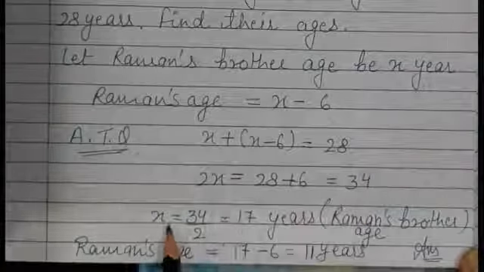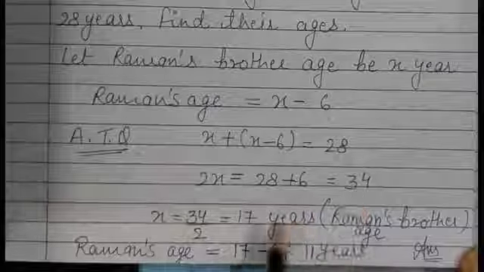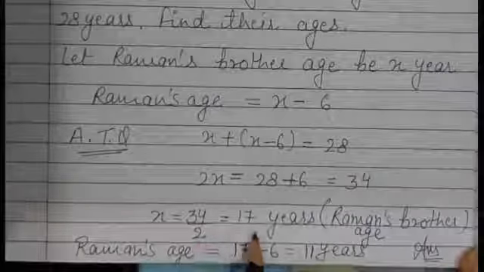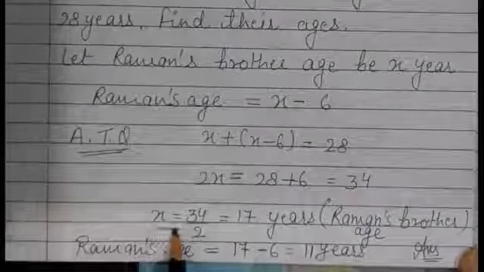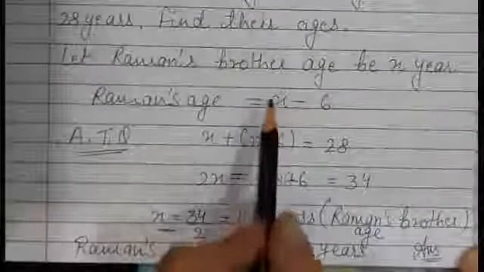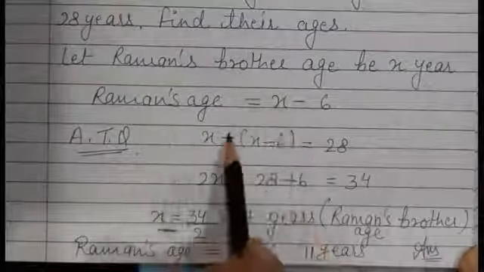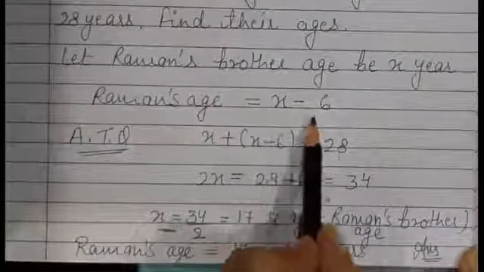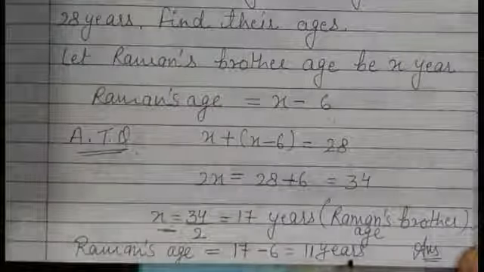Now x will be 34 divided by 2, right? So 34 by 2 will be 17 years. That means x, Raman's brother's age, will be 17 years. Then Raman's age will be 17 minus 6, right? So it will be 11 years.